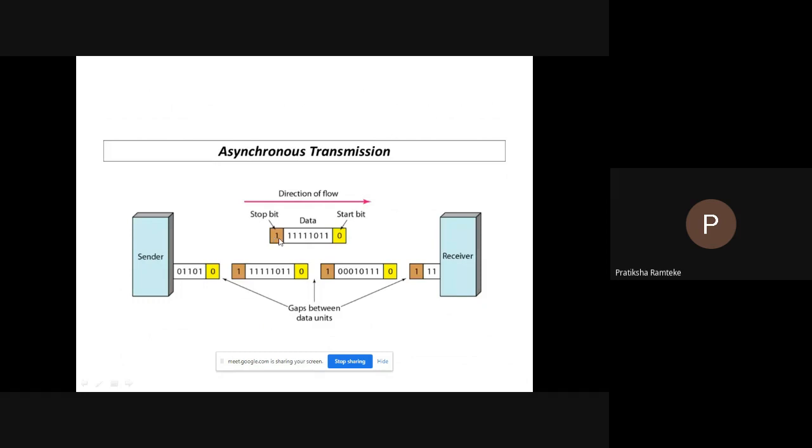One is the stop bit and 0 is the start bit. If the receiver receives 0, it means new data is arriving, and if the receiver receives 1, it means the data has ended and new data is arriving.